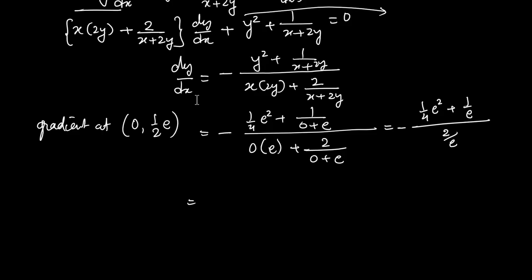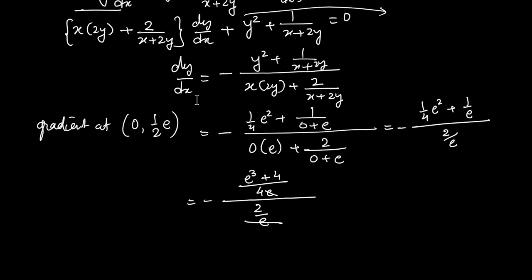So we can rewrite this thing as, the numerator of this is 1 over 4e, and I'm taking the LCM of these two, which can be written as 1 over 4e. So it is 4e, and this term, the first one would be e cubed and the second term would be 4, divided by 2 over e.